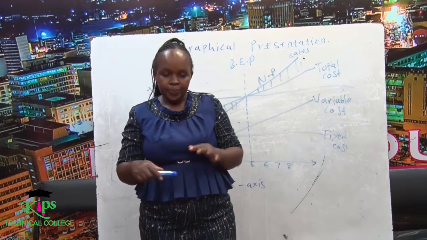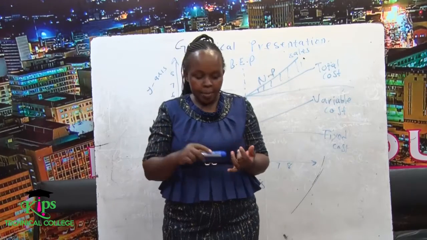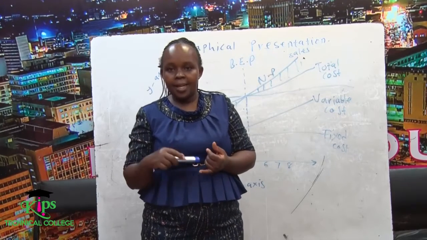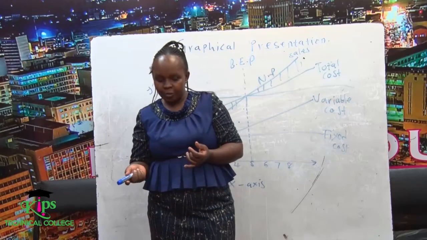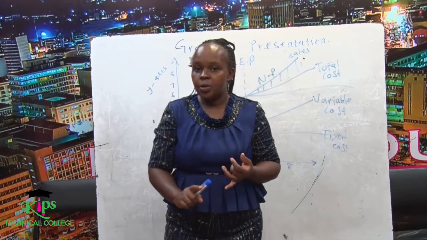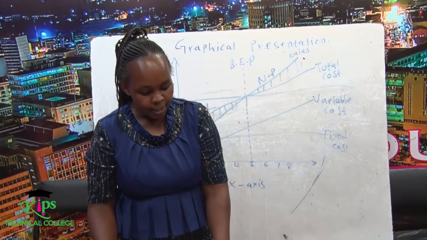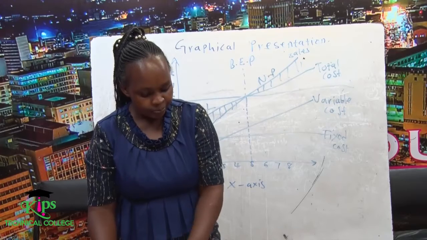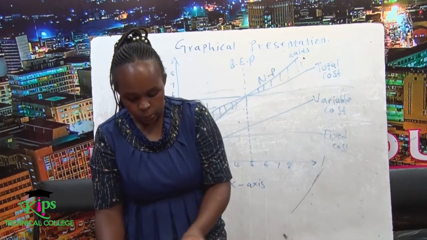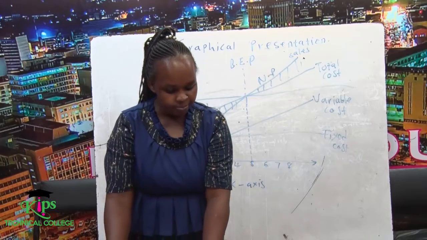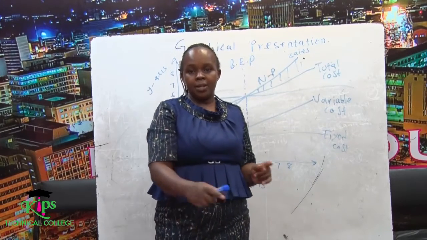Now we go back to the elements of cost. We said the elements of cost can be classified into two: based on their behavior and based on their nature. Based on their nature, we have material cost, labor cost, and overhead.